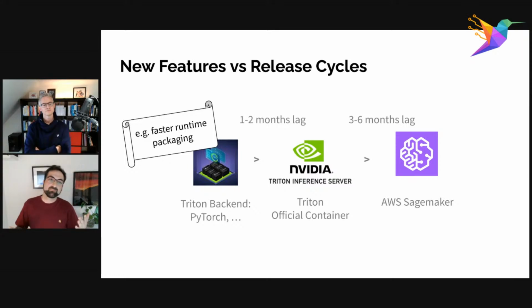So in fact, there is a solution for shipping the runtime in a quicker manner, but that feature will have to go through these stages for you to be able to use it in SageMaker.